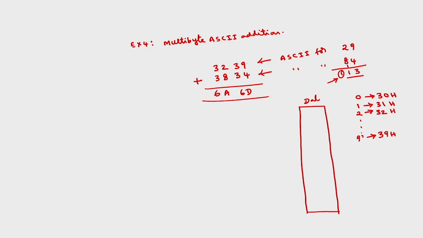Data segment, with offset of 1000, this is 51,000. Here say 39 is stored, and at 51,001, say 32 is stored.